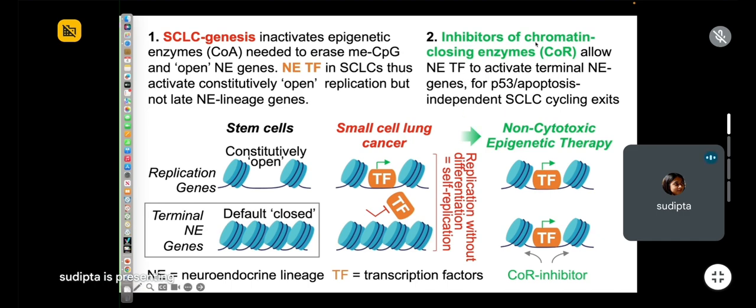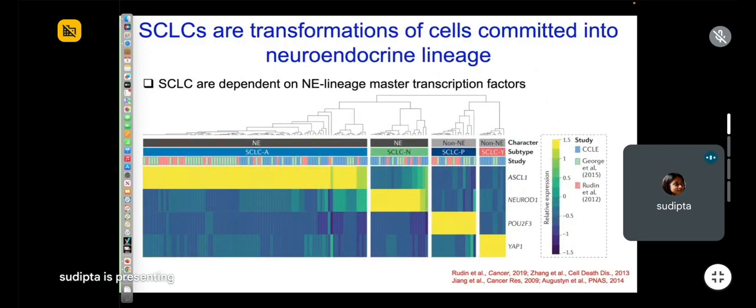So if we can remove this co-repressor from there and a co-activator can bind there, the co-activator will prime the transcription factor binding over there, and it will go for gene expression for differentiation. And that way we can re-establish the normal physiologic process. This is my outline of the talk, and now I will go to our data.